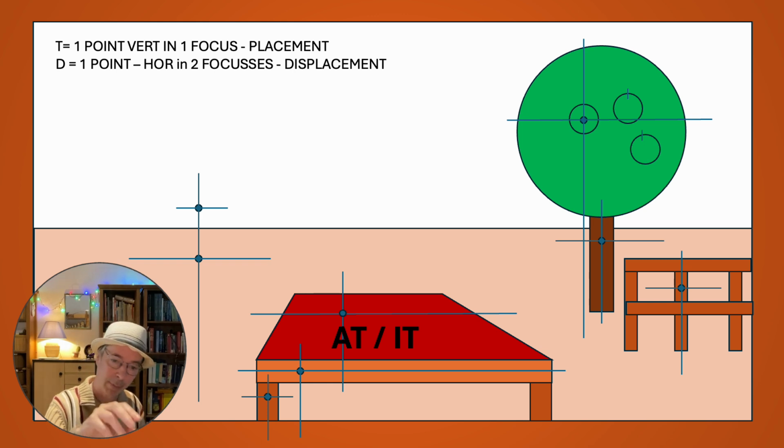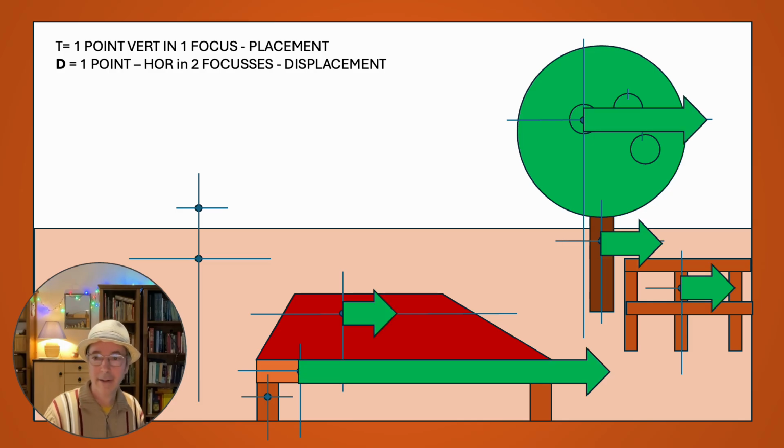So the place is not in the middle, it's a little bit off center, a little bit higher. That's where the T point is. I'm at it. And the D is where movement can be in it, where there's a displacement in it and so on. There's no movement here, so I can't focus upon it in this scheme, but it's just an example.